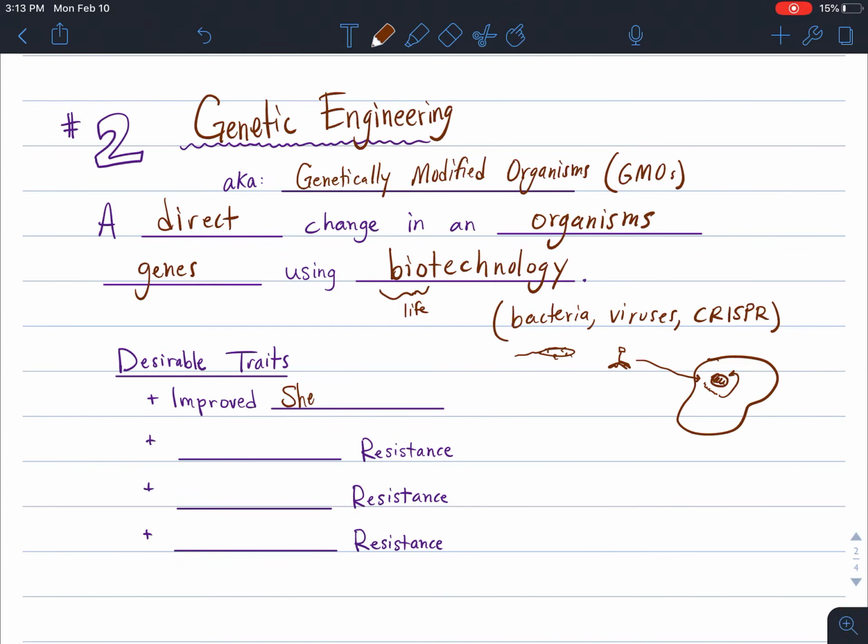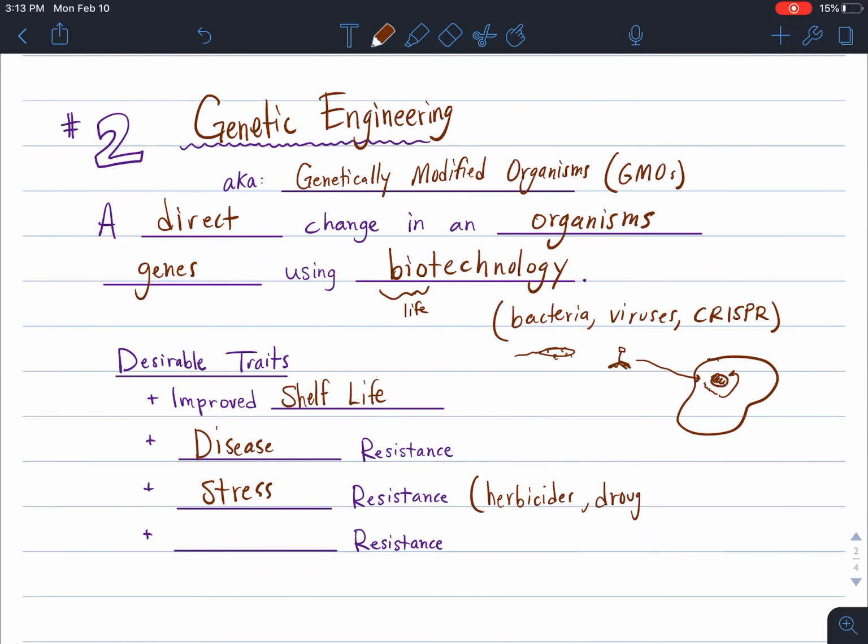So the reason that scientists would do this is because they can have an organism with an improved shelf life, which is important so that things don't rot on our grocery store shelves. They can also help organisms by inserting traits from one organism into another so that it actually has a resistance to diseases, or just really a resistance to any type of stress. And these stresses can be things like maybe herbicides, so you can spray herbicides on a plant and it doesn't even hurt it.